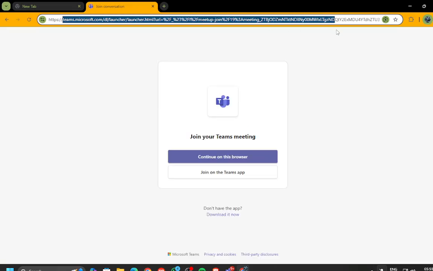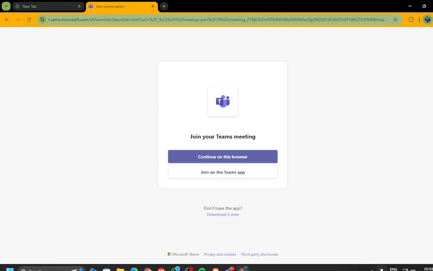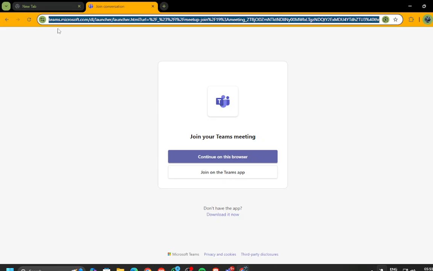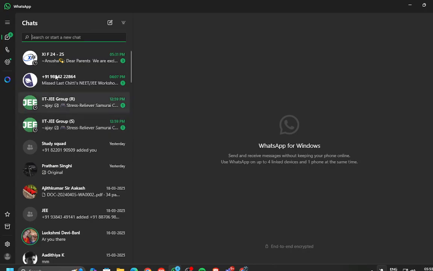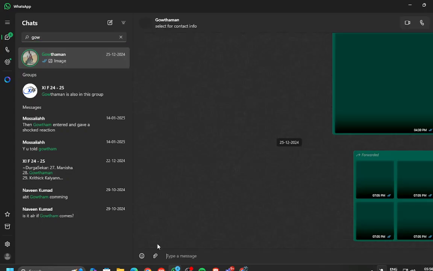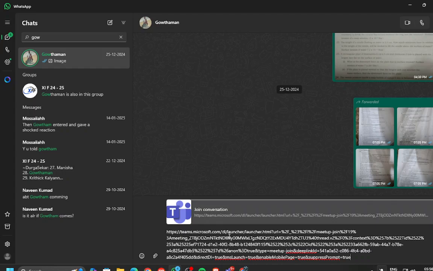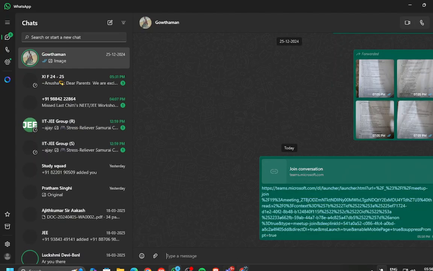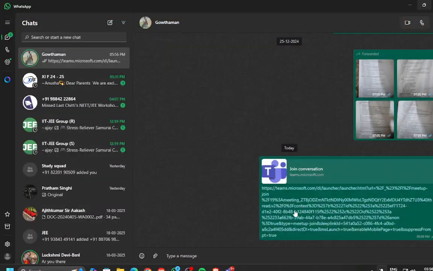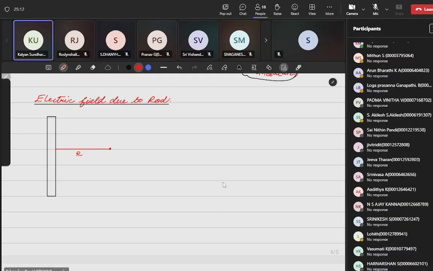The second one is also the electric field due to a rod, this time at an axial point. So at this point P, I have to find my electric field.